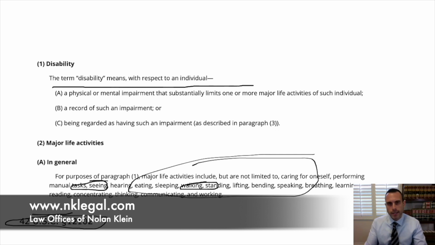Now, the law does get a little bit nuanced sometimes with respect to whether, for example, someone who only temporarily can't walk is considered disabled. I don't want to get too deeply into the weeds.